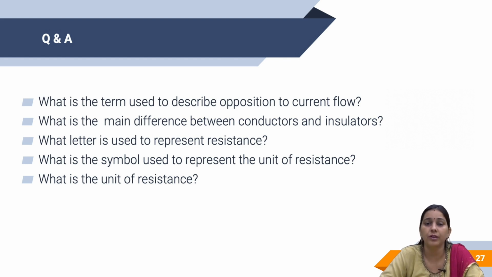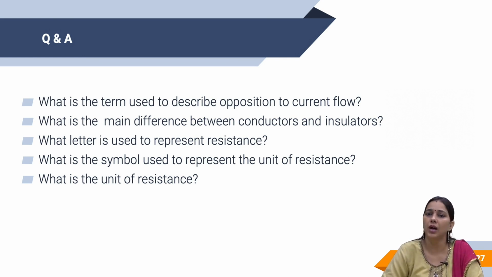Conductors have very low resistance, whereas insulators have high resistance. Which letter is used to represent resistance? That is capital R. What is the symbol used to represent the unit of resistance? That is ohm. What is the unit of resistance? I have already told you, this is ohm.